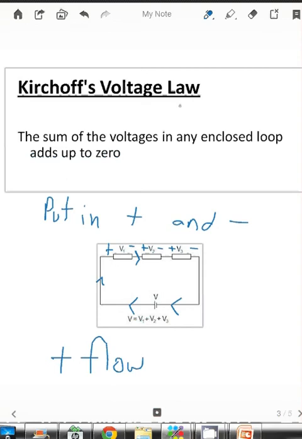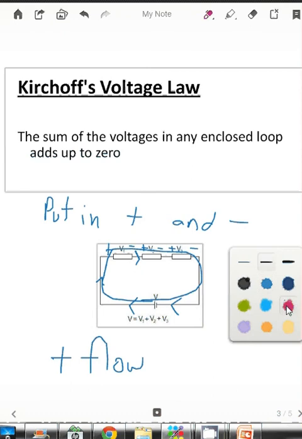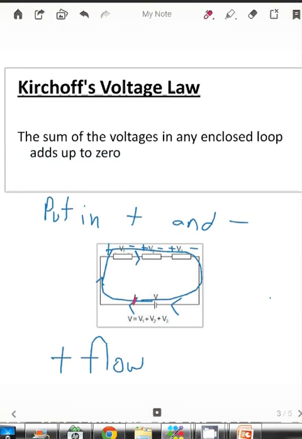Now we can look at this statement. The sum of the voltages in any enclosed loop adds up to 0. So if I go around through this loop like this, and let's just say for the sake of argument I started right here, then let me go around. So the first thing I hit is the plus of resistor 1. So plus the voltage of 1.